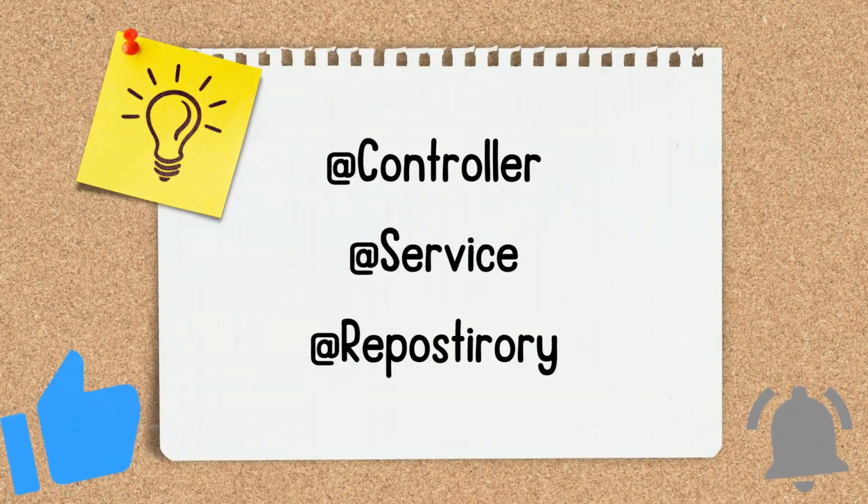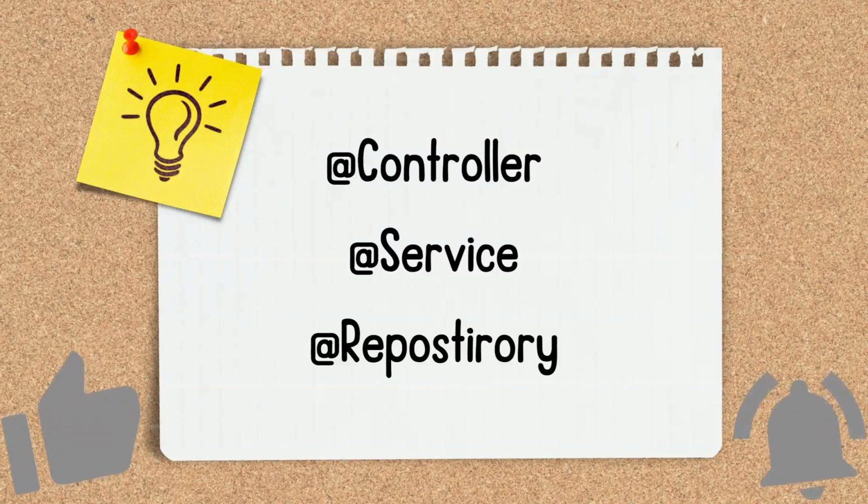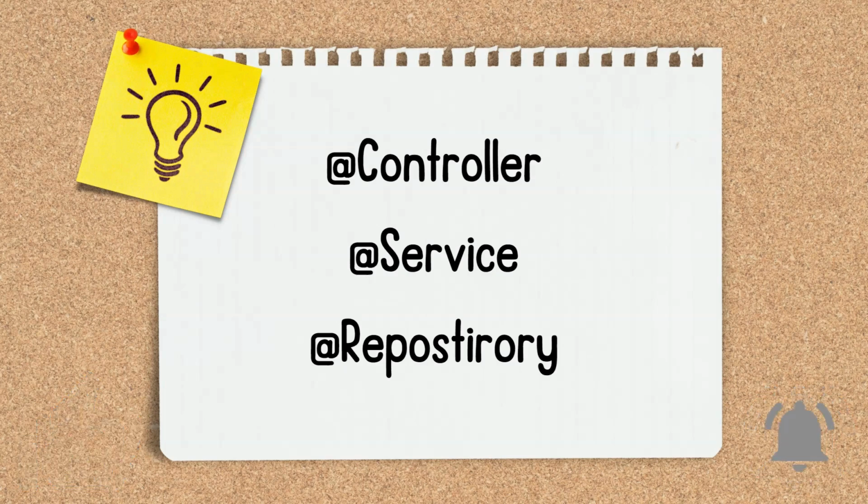These are the three stereotype annotations: @Controller, @Service, and @Repository. Instead of these three, we can use @Component also, but with these three annotations we mark the class with a specific role.